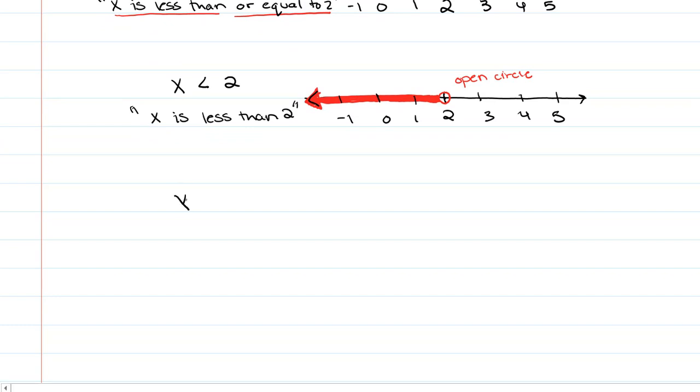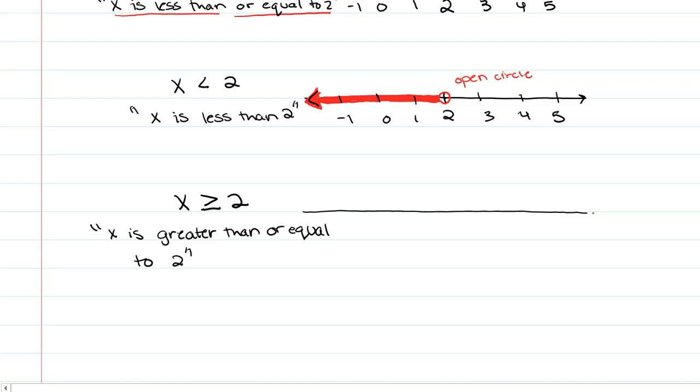Next up we have x is greater than or equal to 2. So on the same number line, this time it still can be equal to 2, so I am shading in 2.